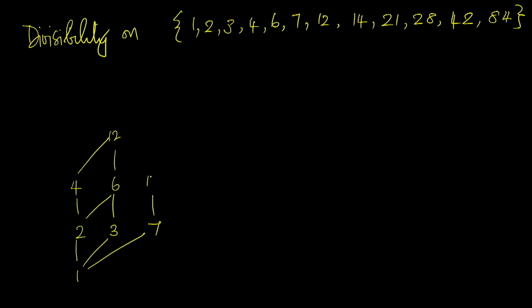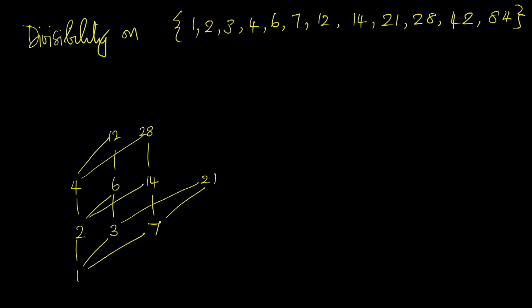14 is a successor of 7 and also of 2, 21 is a successor of 7 and also of 3. 28 is a successor of 14. 28 is also a successor of 4, because 28 is 4 into 7.